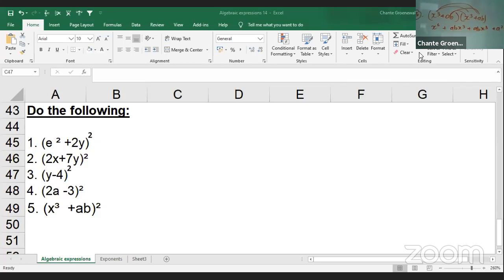Okay, can you see x to the power of 3 times x to the power of 3 gives me x to the power of 6. Then I do my two middle terms. Can you see that it's in alphabetical order? So it should be abx to the power of 3. You do the first one and the last one. And then the two last terms is ab times ab. Can you see it's a plus a actually? So that gives me 2, so a to the power of 2.